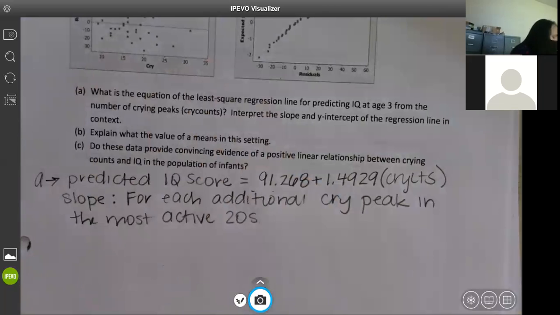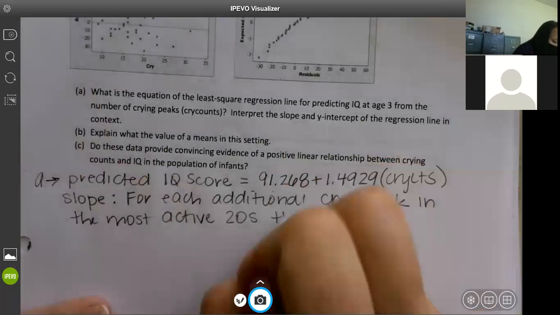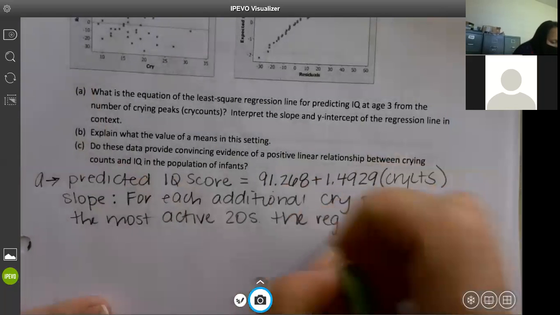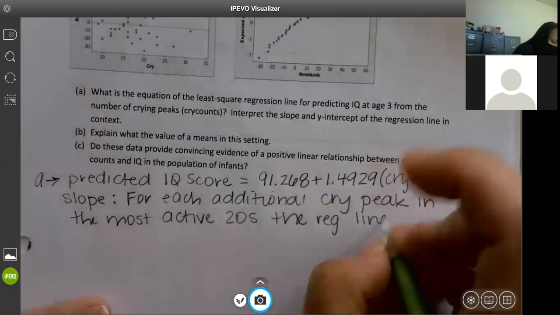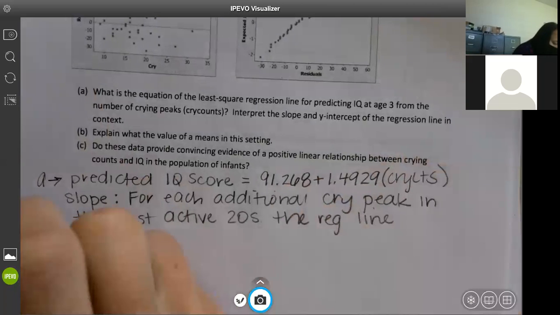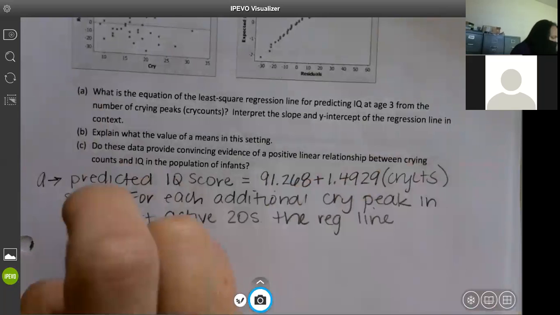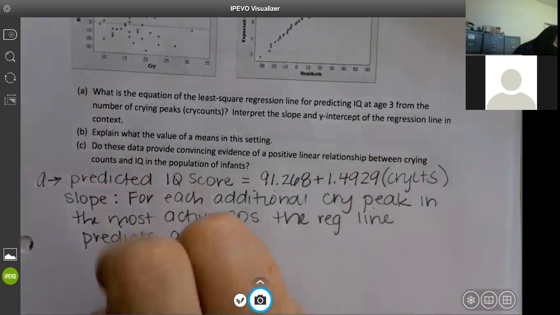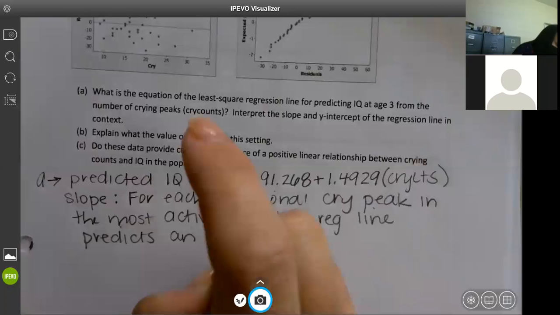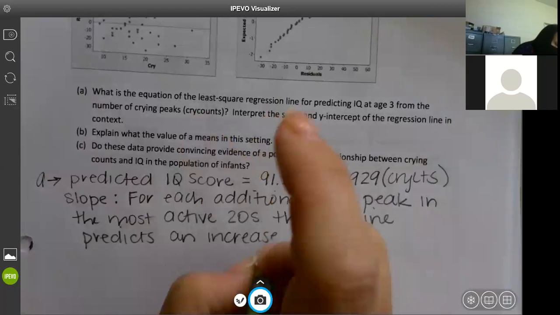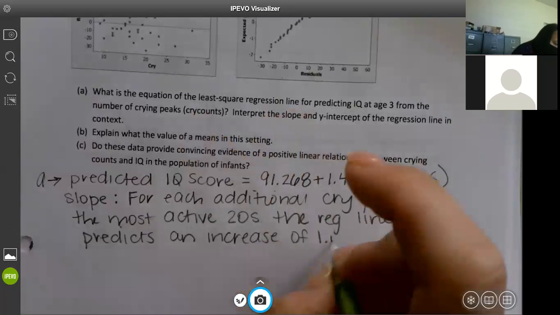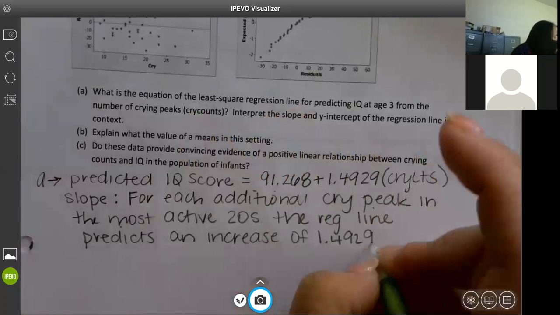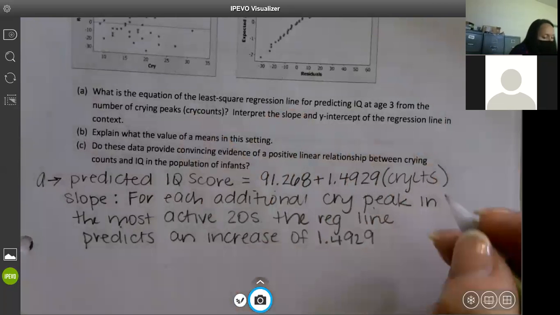The regression line predicts an increase of 1.4929 IQ points.